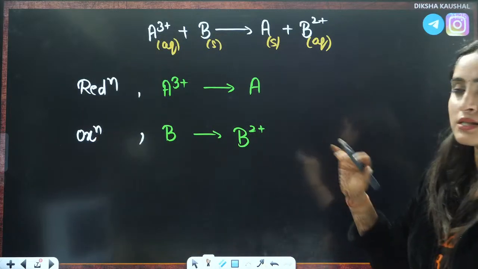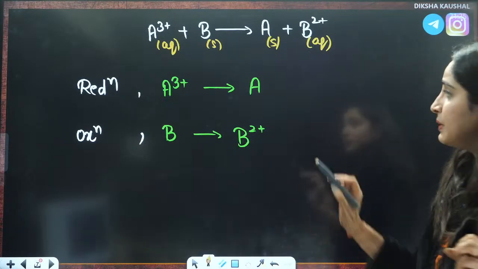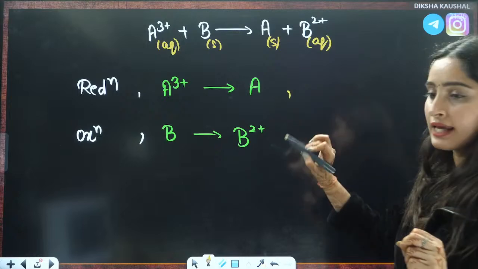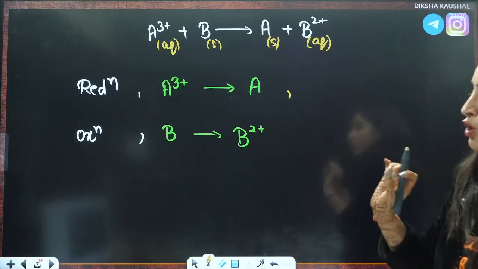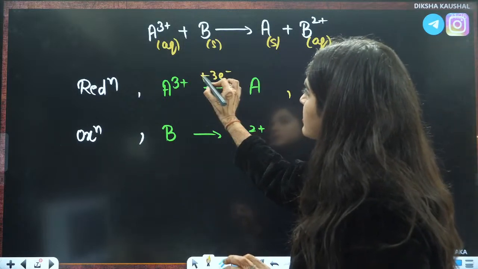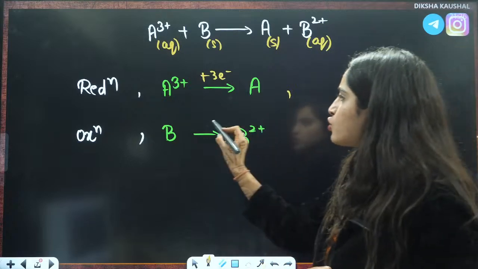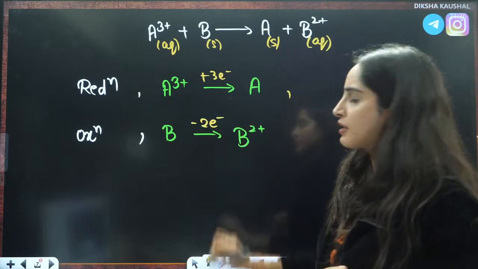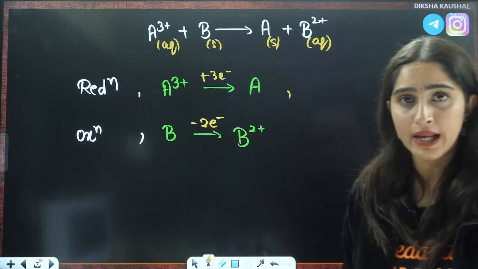Now, reduction and this is oxidation. Let us see the next thing. Here is the reduction part. How many electrons is it gaining? Definitely it is gaining 3 electrons; that is why it is getting converted to A. It is losing 2 electrons. Here it is gaining 3 electrons, here it is losing 2 electrons.